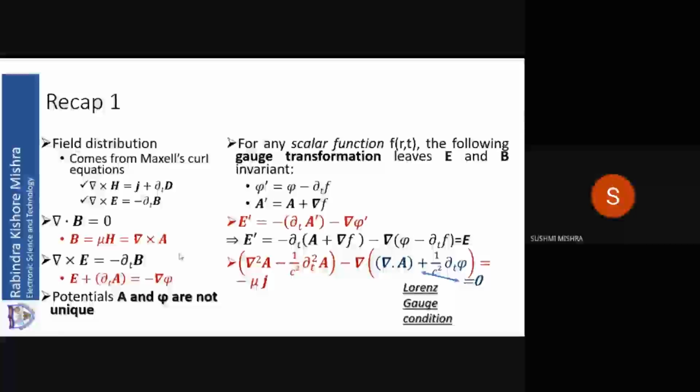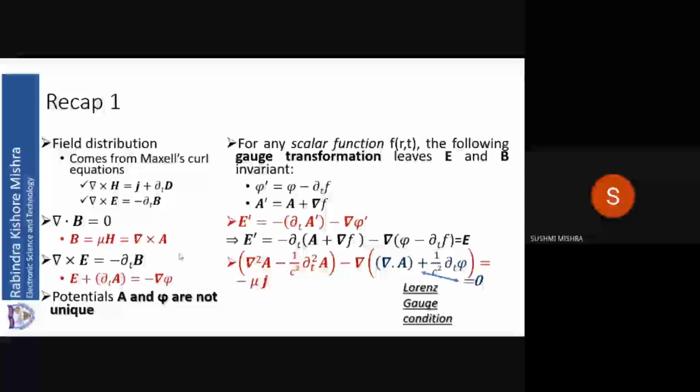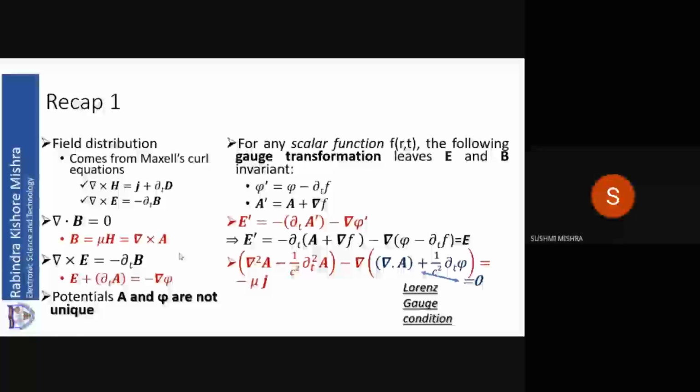Invariant means they do not vary. Although we changed the potentials phi and A, the net result in finding the fields E and B is unaffected. That is something that we found out.